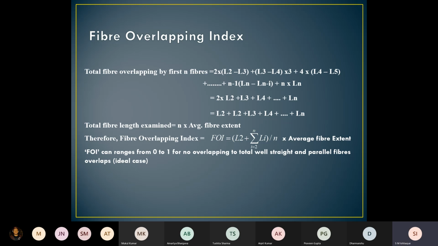The overlap length in one case is 23 mm, in another case 28 mm, and the fiber extent in both cases is the same. Twist and everything is the same, so the packing density is also the same, but the overlapping length is different.